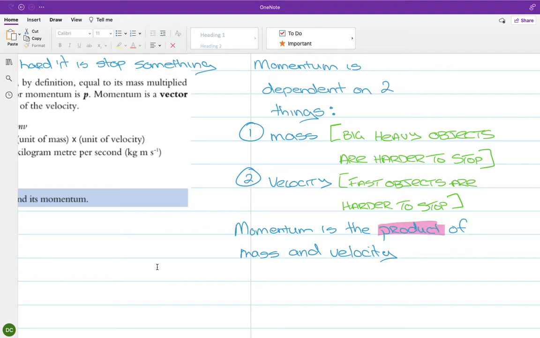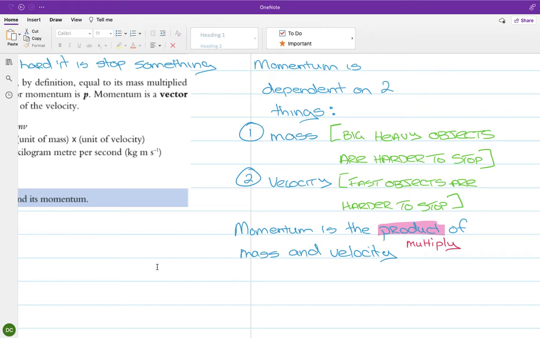Product means multiply. Okay, so momentum is the product of mass and velocity. So you're going to take whatever the object's mass is, and you're going to multiply it by its velocity. And that's how you figure out its momentum. So it doesn't have to have a big mass and a big velocity to have a large momentum. It kind of just has to have one.